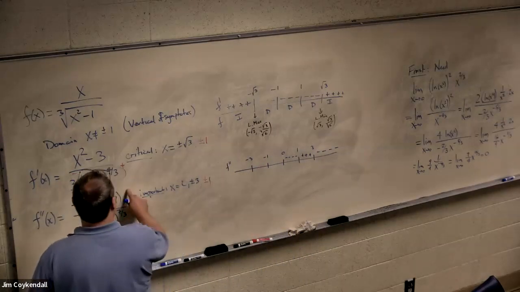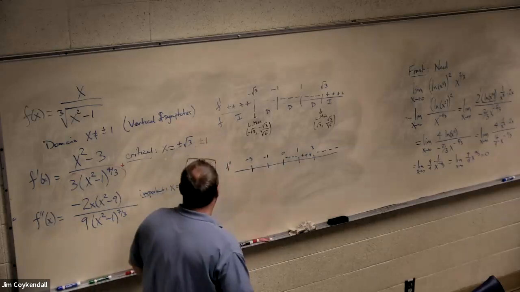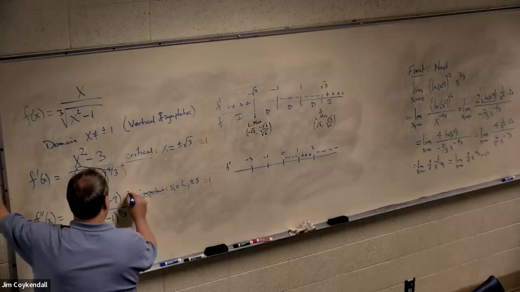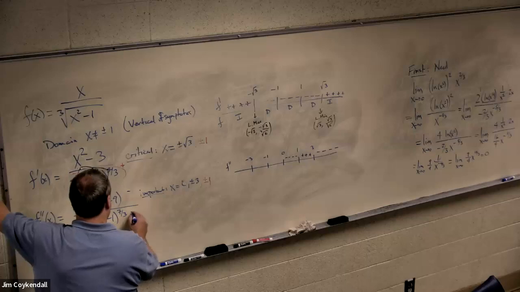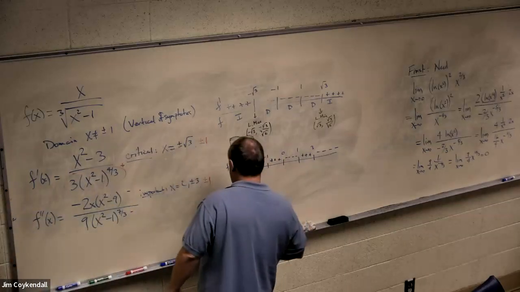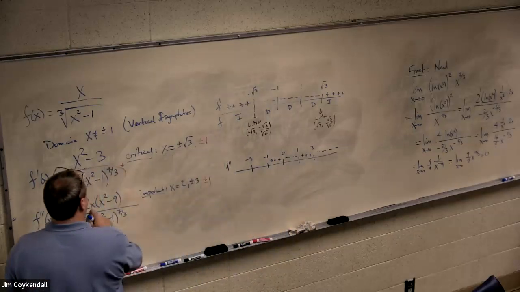How about something like minus 1/2 here? Well, that's going to be positive, negative, so negative. And that's going to be negative, and this is going to be positive. How about negative 2? Positive, negative.